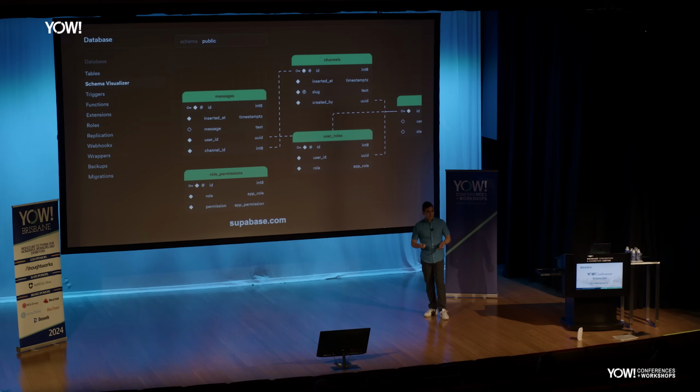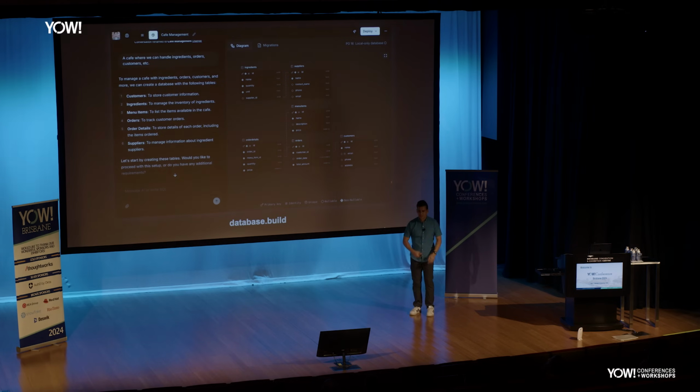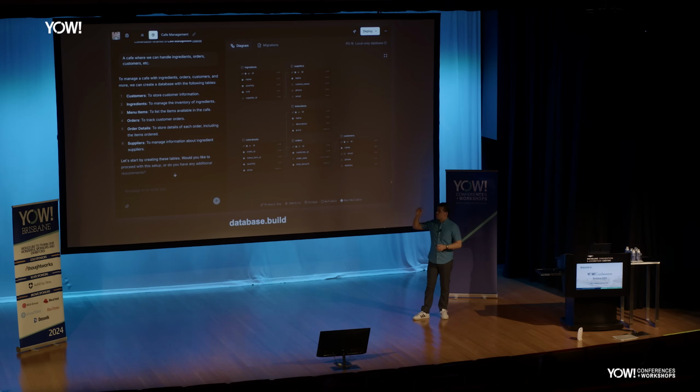Then there's Supabase, which I'm not sponsored by Supabase or anything. I just love using it. It's for Postgres databases. You could take your existing Postgres database and actually generate a visualization of your entire database. They also recently released database.build, which takes it to the next level, where you could actually create applications just by talking to AI, and it will do 2 things.